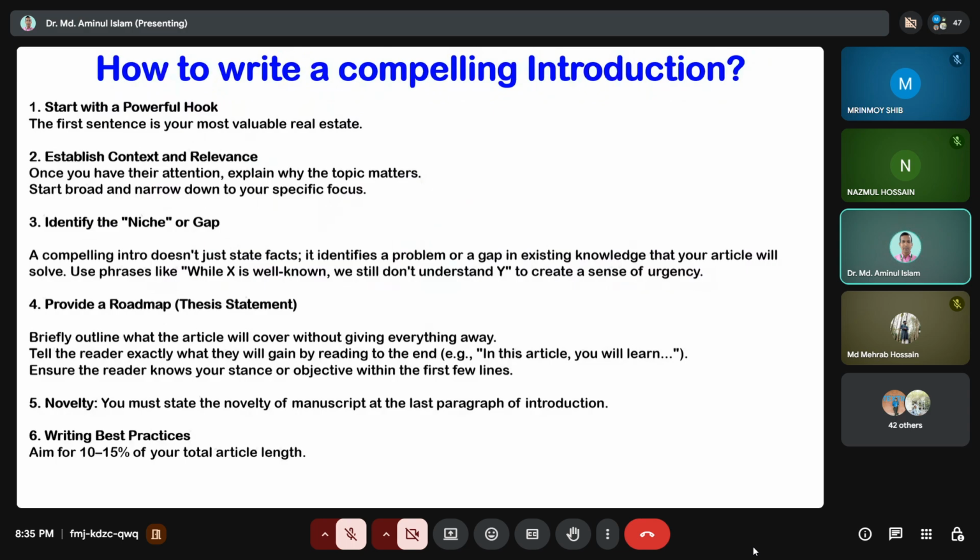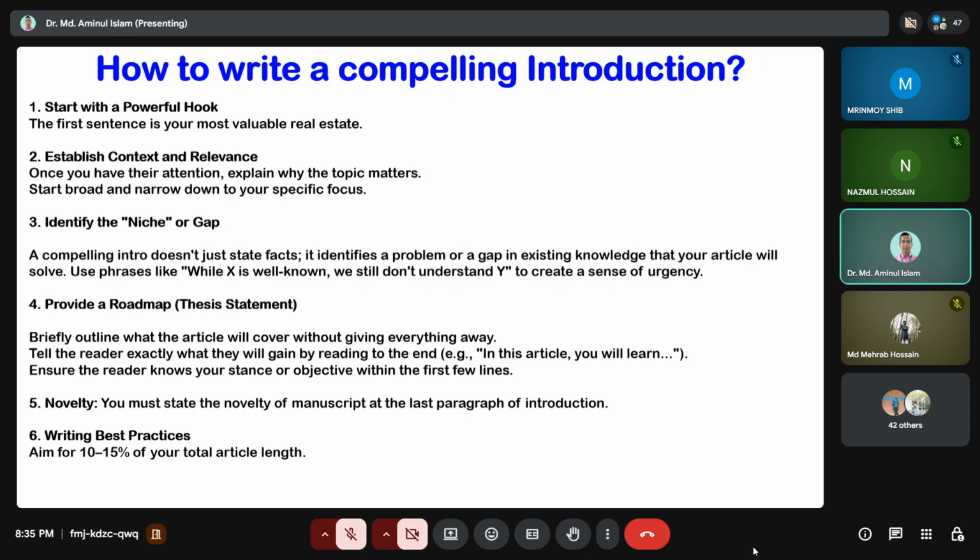Then comes how to write a compelling introduction. Well, you cannot write a compelling introduction overnight. You need practice. So to write a compelling introduction, you need to use a powerful hook. That means the first sentence is your most valuable real estate.